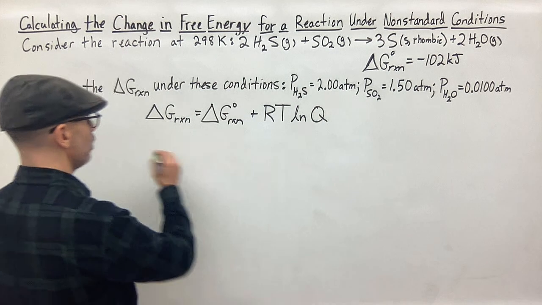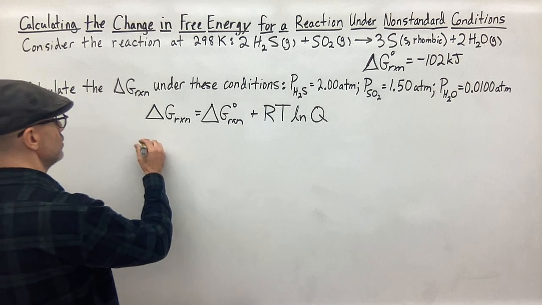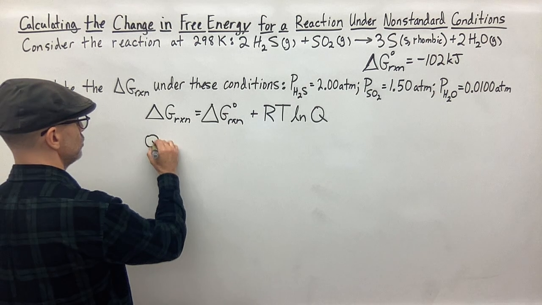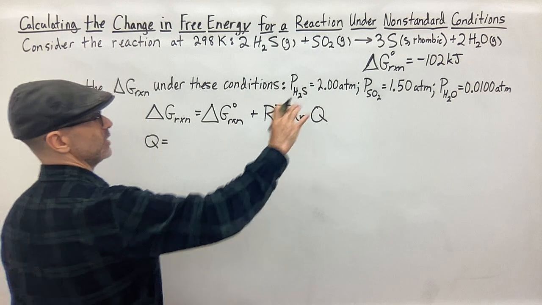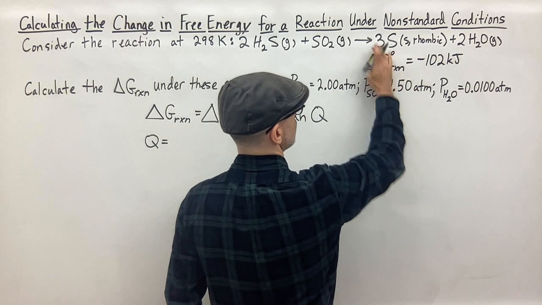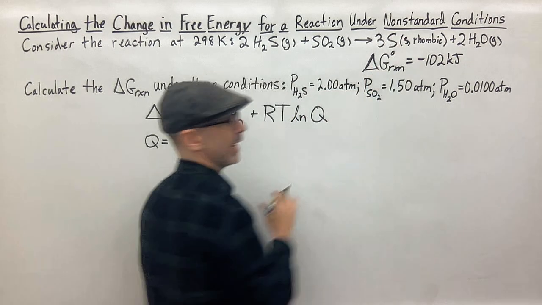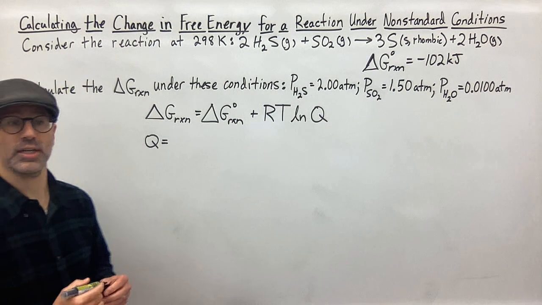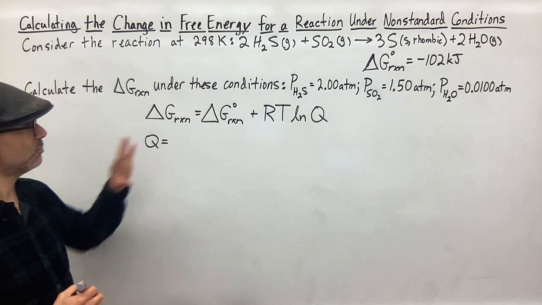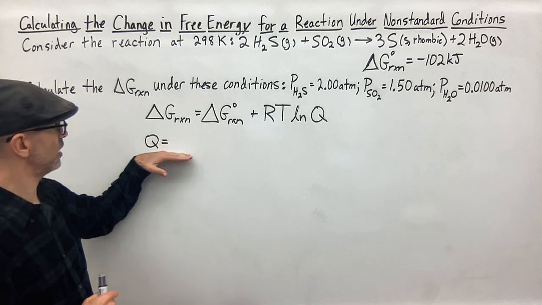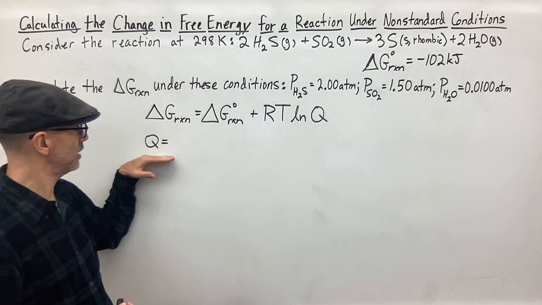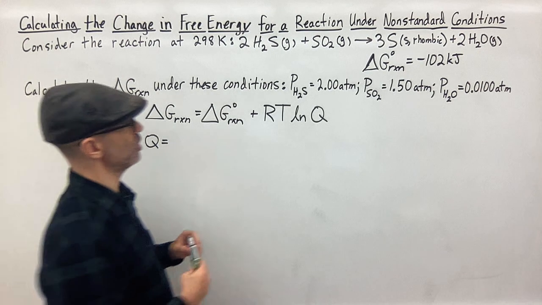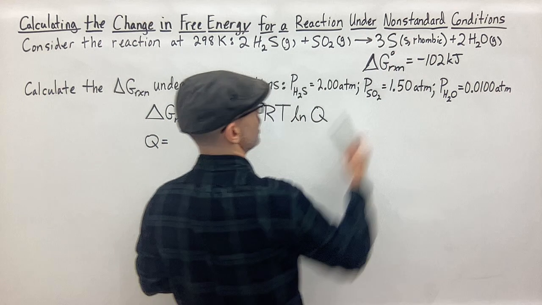So Q is going to be equal to, again, products over reactants. So we have the products here. Solids and liquids do not belong in the expression for Q or K, the equilibrium constant, so we'll ignore the solid sulfur here.